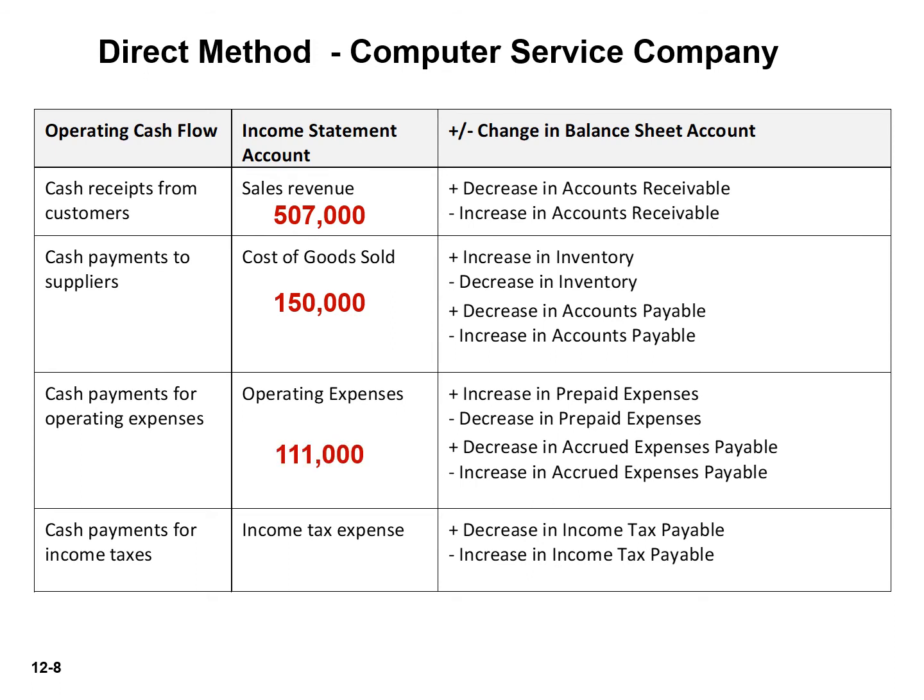Operating expenses are $111,000. Income tax $47,000, and our interest expense is $42,000. And again, all these numbers are coming from the income statement. The next thing we have to do is determine the cash receipts and cash payments related to these revenues and expenses by making the adjustments noted in this slide.